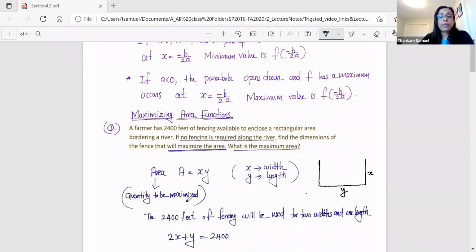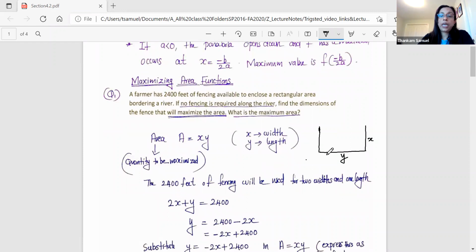So the next step is to rewrite this quantity, that is the quantity to be maximized, in terms of one variable. You can see that there are two variables in this formula, x and y, right? So to rewrite this area in terms of one variable, we have to set up another equation. We have given 2,400 feet of fencing available to enclose a rectangular area bordering a river.